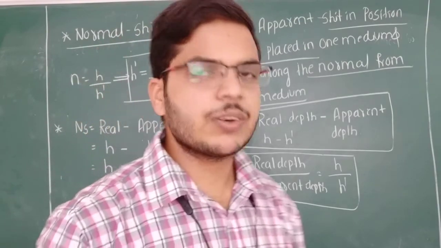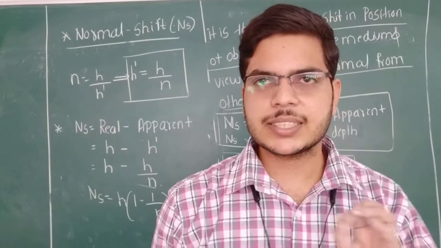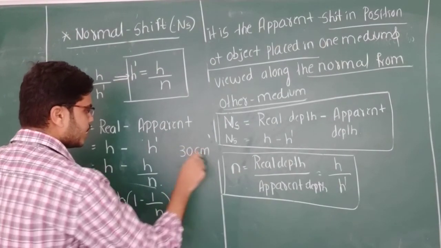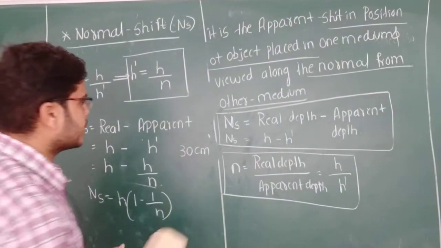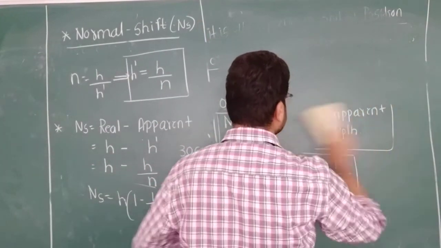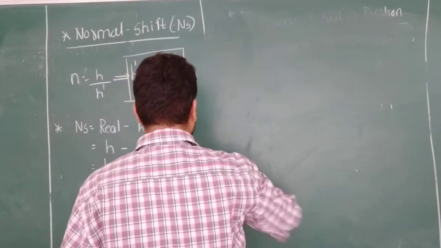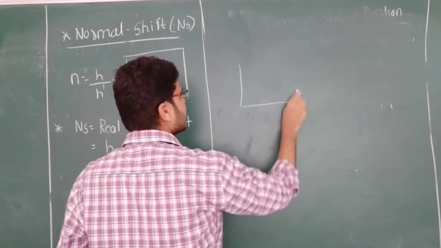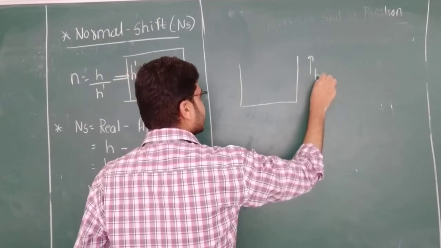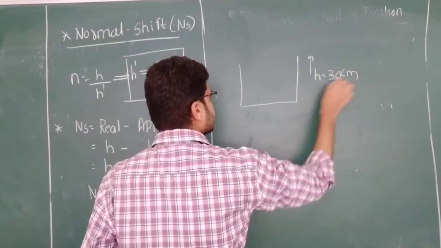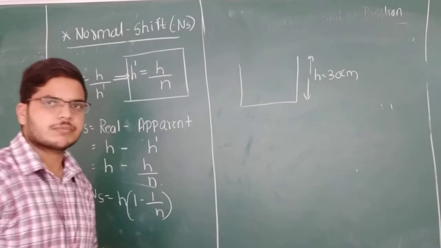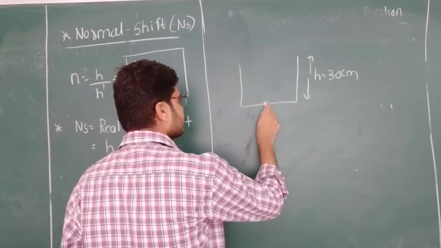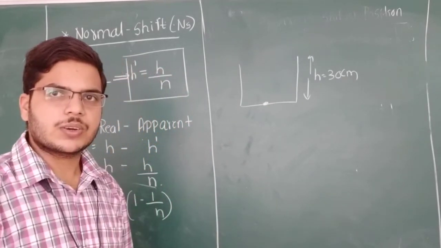For example, your tank is 30 centimeter. Imagine this is the tank, and the height of the tank is equal to 30 centimeter. Now, you place this object at the bottom.